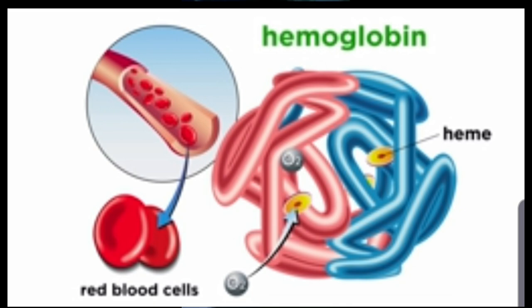This is the protein that allows for the transport of oxygen throughout the bloodstream, which is picked up in the lungs and then released to tissue cells throughout the body. There are other proteins as well that have structural and protective functions, but hemoglobin will be the focus here.